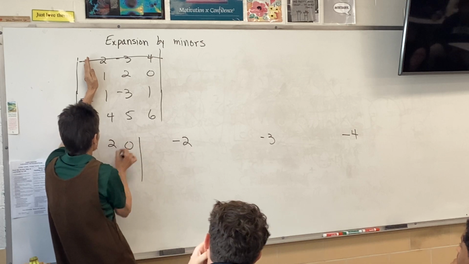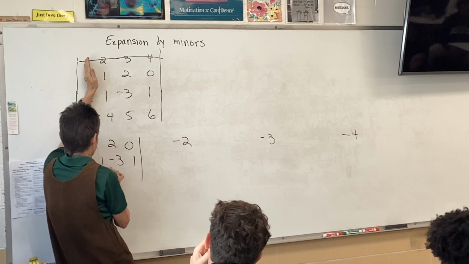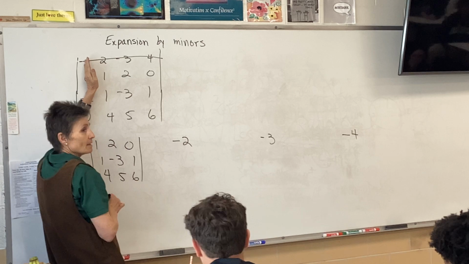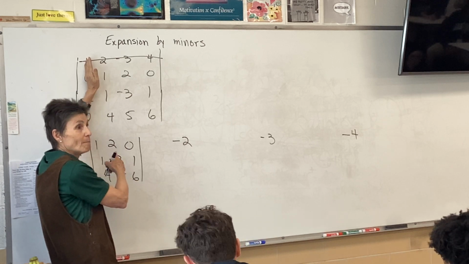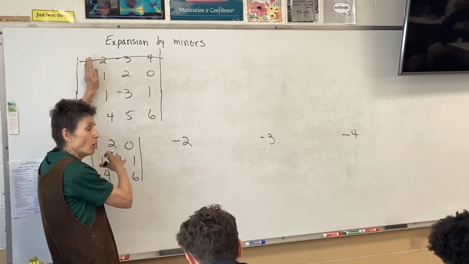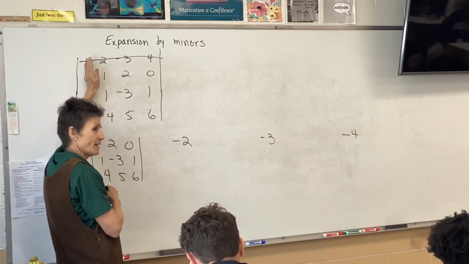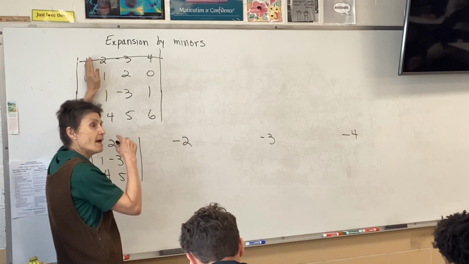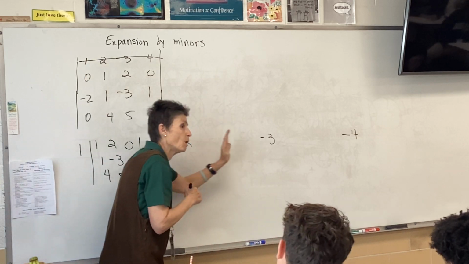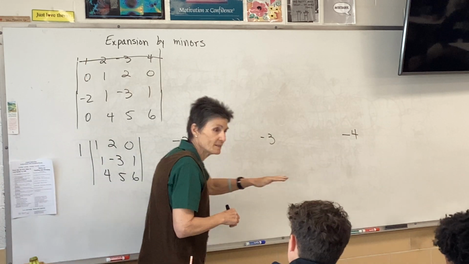Oh, wowzy. Here we go. That is called a minor. That's a minor determinant. It's a smaller piece of the big determinant. Are we going to have to evaluate that? Oh, yes, we are.